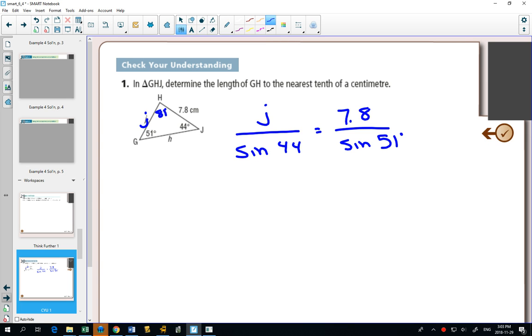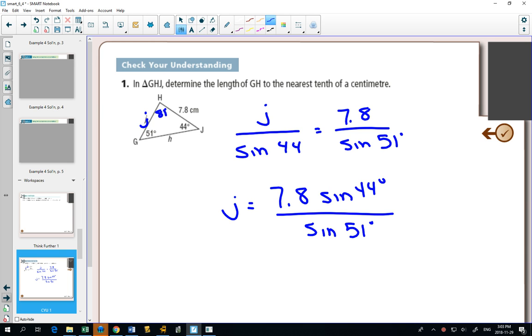With the sine law, angles always go together with their opposite sides. How would you get j by itself? Multiply by sine 44. That would get multiplied in your numerators. That'd still be all divided by sine of 51 degrees.